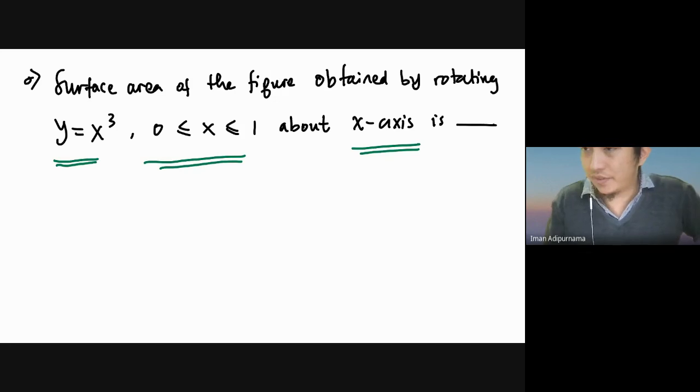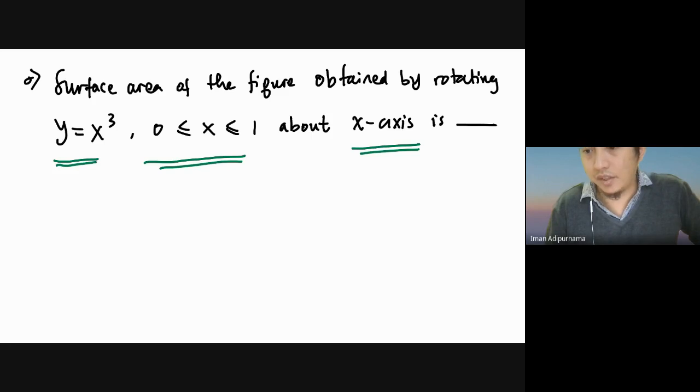So you may have the surface area is finite and the volume is infinite. And sometimes you will have the volume is finite and the surface area is infinite. It's an interesting fact. There is one example in your chapter 8, I think, or chapter 7. I forgot. I think chapter 8.